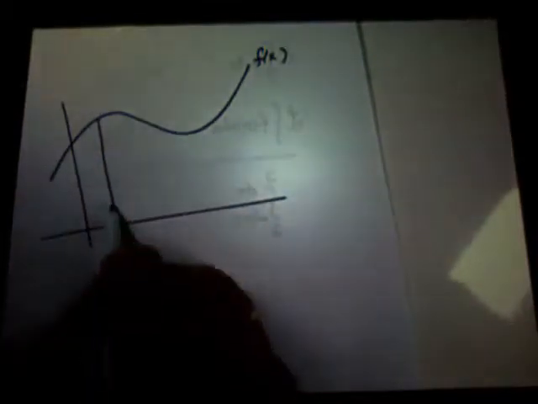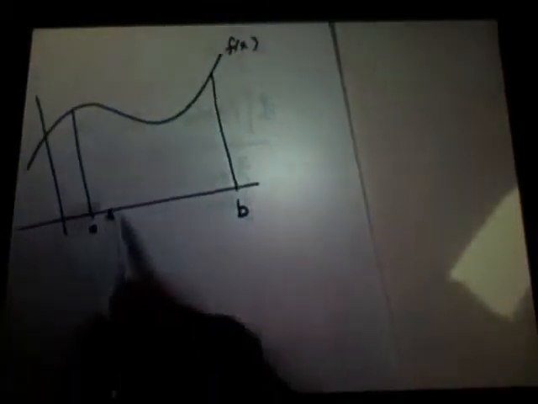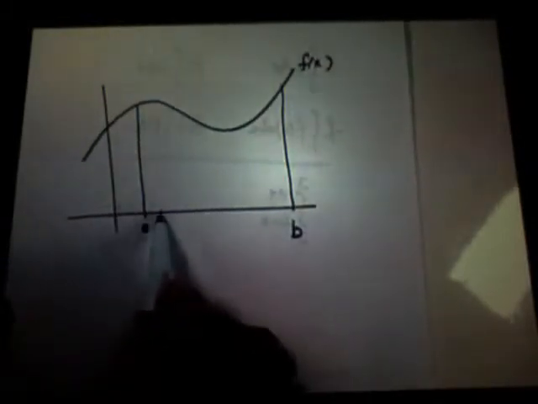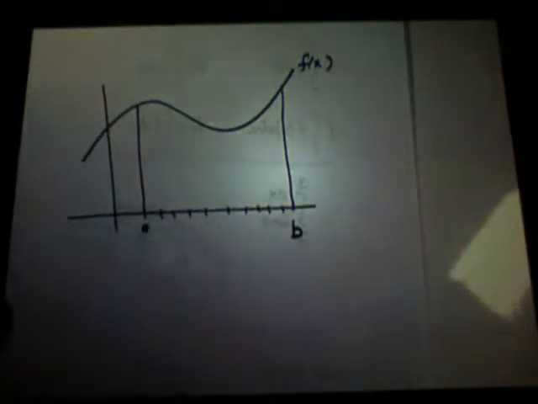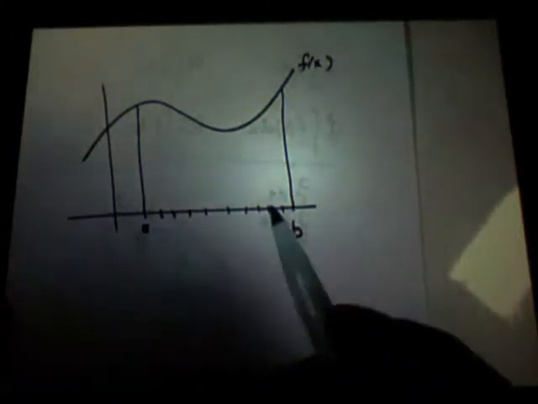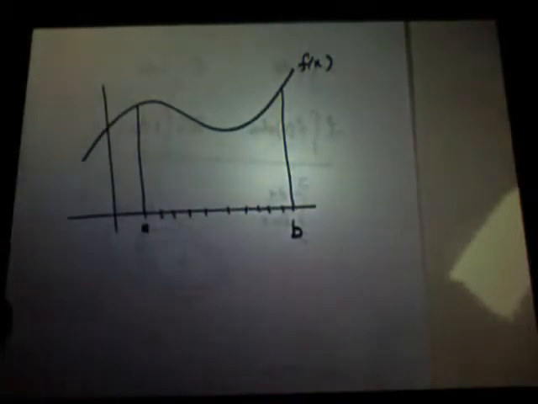Here's a function tooling along, and you'd like to find the integral from A to B. So you institute a partition, as we do. There's no magic in the partition subintervals being all the same. In fact, the great idea of the Henstock-Kurzweil integral is to have them specifically designed for the function that you'd like to integrate. And if you pick them right, it's even stronger than the Lebesgue integral.